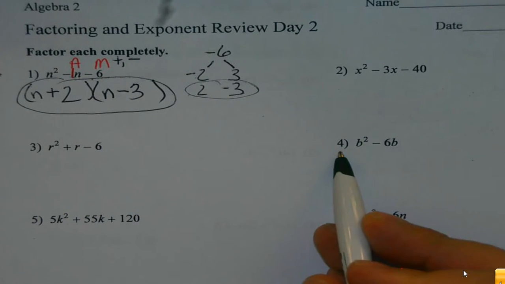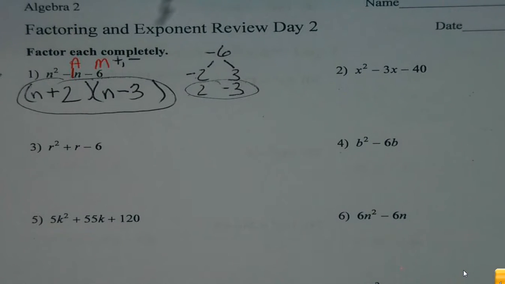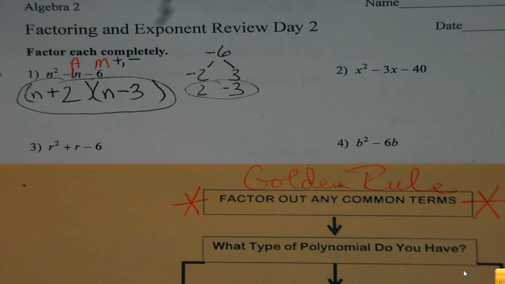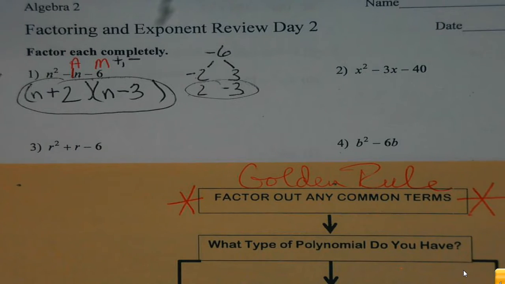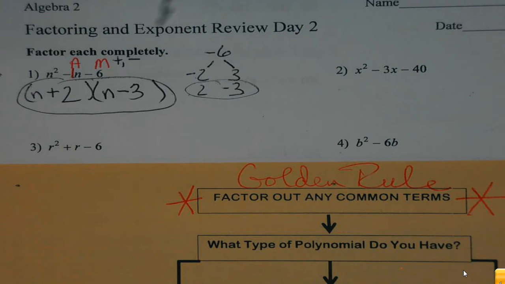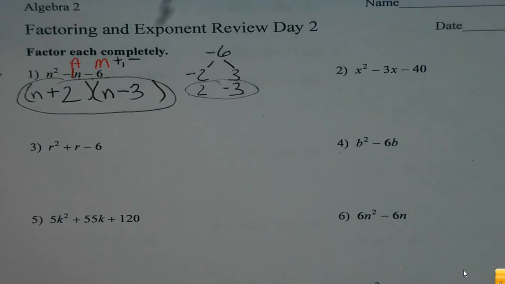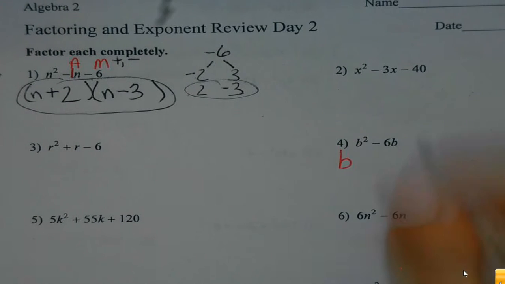Let's say we go to number 4. So I look at that and I go, okay, do those 2 terms have anything in common? B. So, B comes out. Let's see what we got left over to put inside.